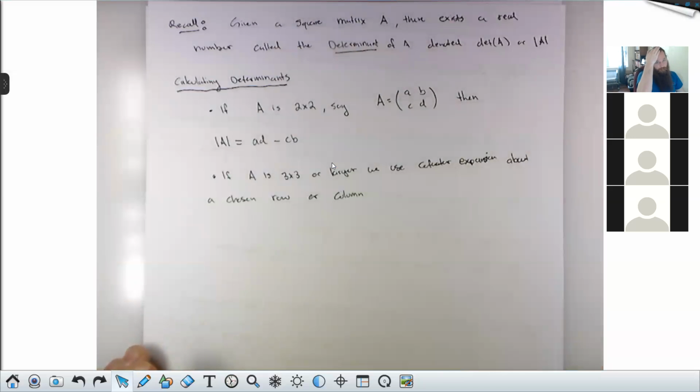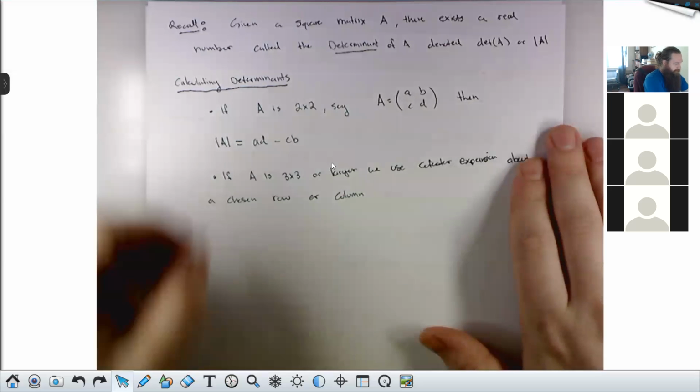So what that means is you're going to pick a row or column to expand about, and then you'll do the following.